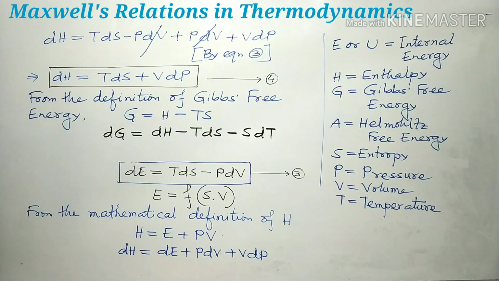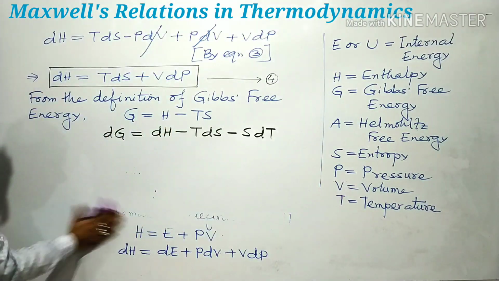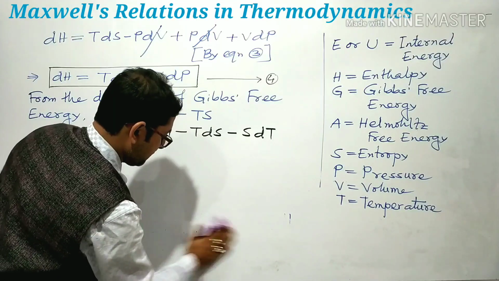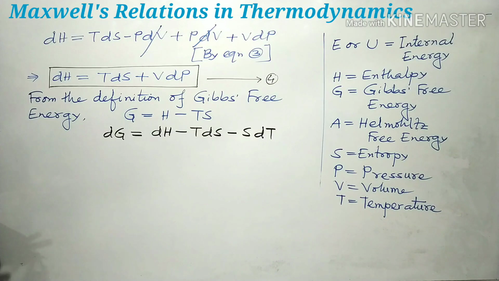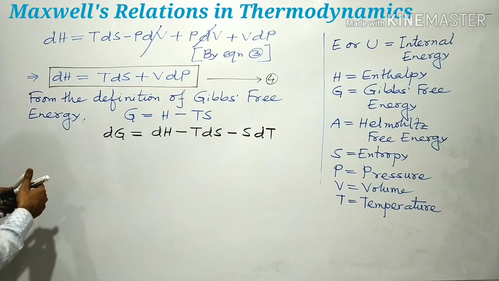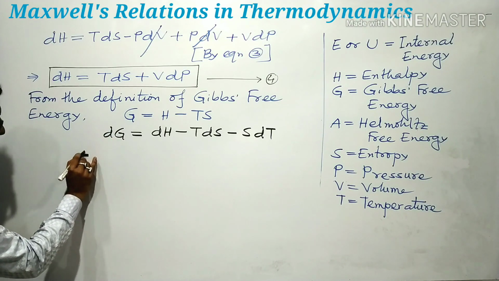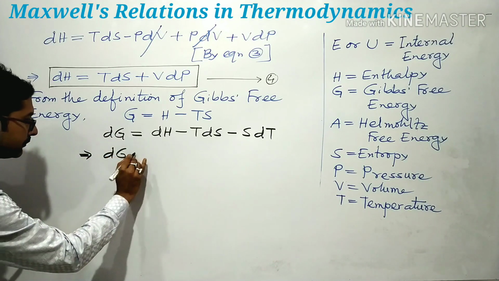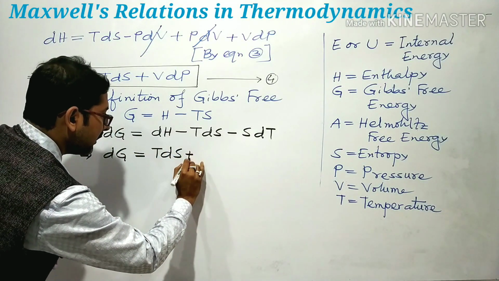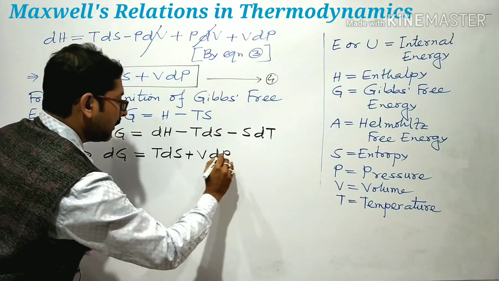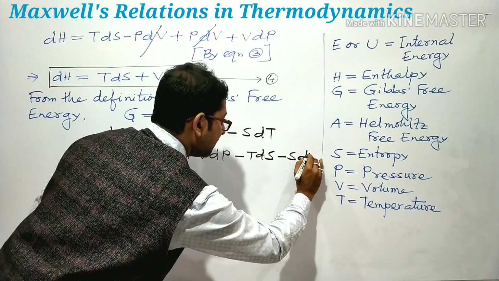Okay, now substitute the value of dH in this relation. We have dG equal to TdS plus VdP minus TdS minus SdT.